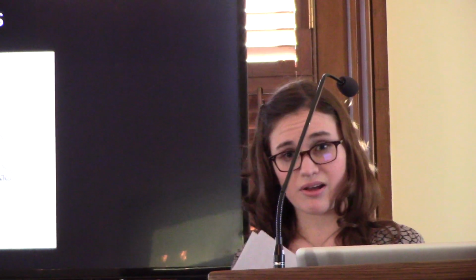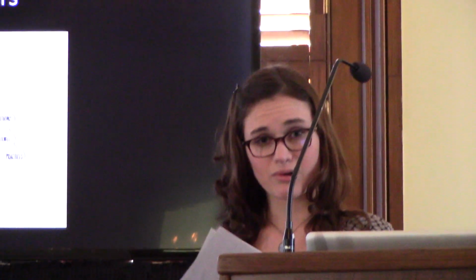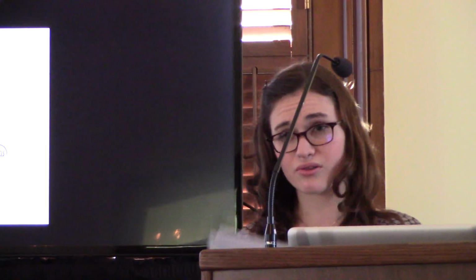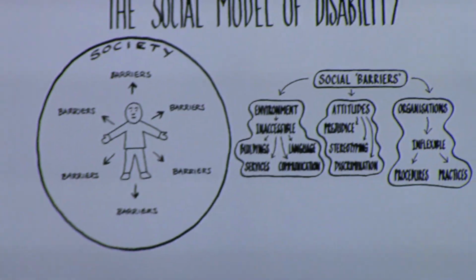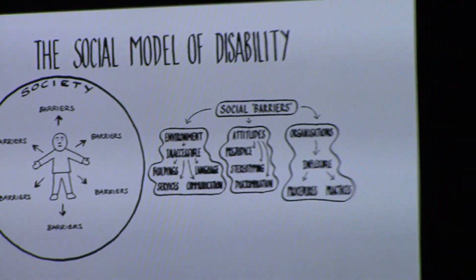So let's picture a food store where a person in a wheelchair is able to enter the store. There's a wheelchair accessible ramp, there's automatic doors. However, all the food items on the shelves are beyond their reach. Therefore, that place is inaccessible.